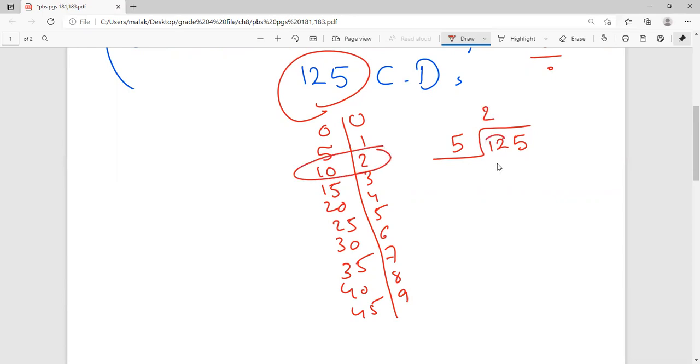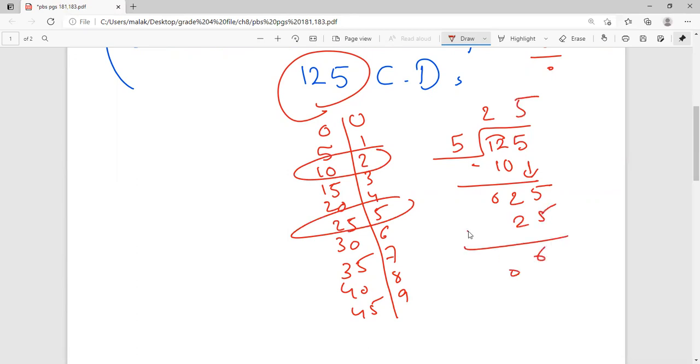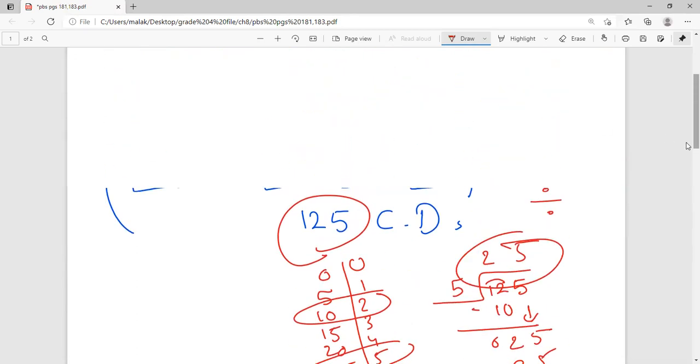It's 10. 2 up and 10 down. 25. Do we have 25? Yes. So 5 up, 25 down. The remainder is 0. The answer of the division is 25.